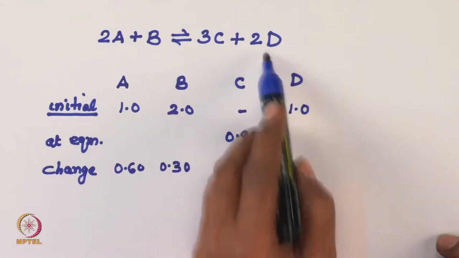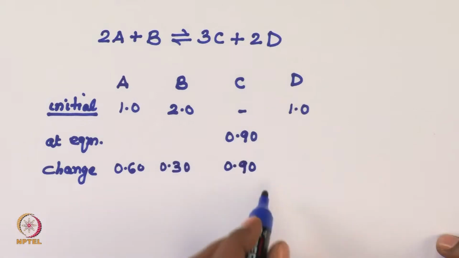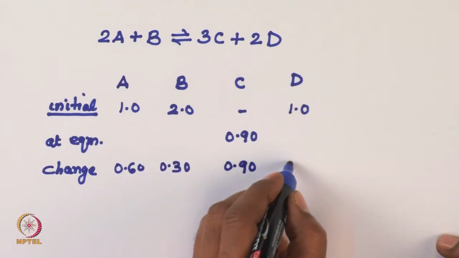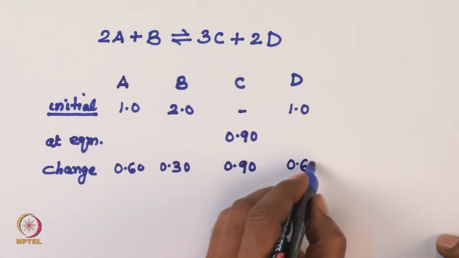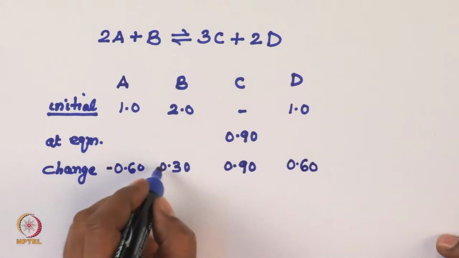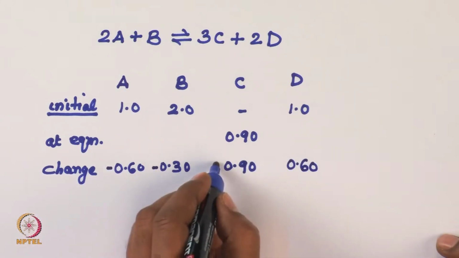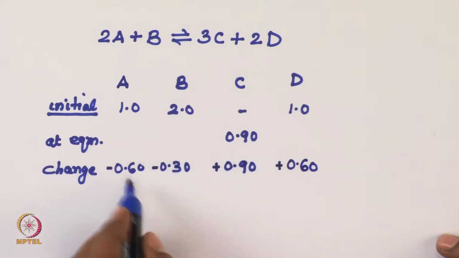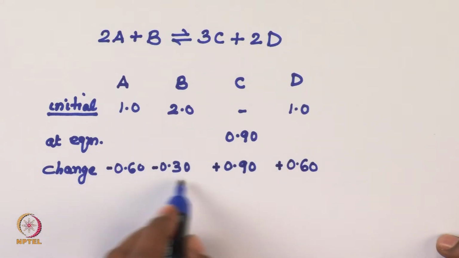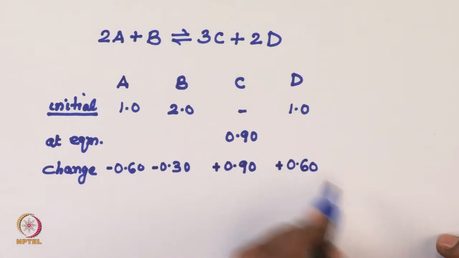Let me put negative and negative here, positive and positive here, because these are reactants, these reactants are consumed and product is formed.